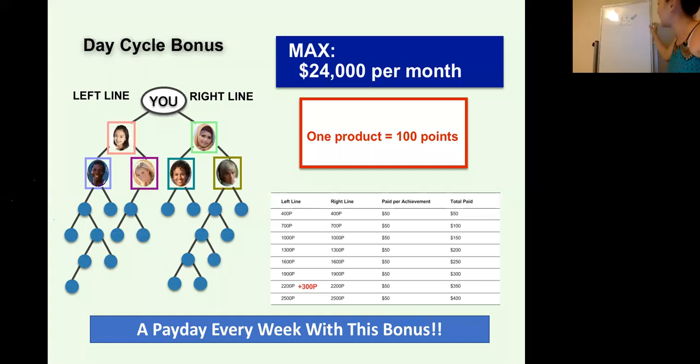Sorry, it's just so shiny. Okay? In other words, for example, if you have 200 people signing up on the same day, don't sign up 200 people on the same day. You know why? They only pay up to 50 people on the right, 50 people on the left side, so 100 people in total.